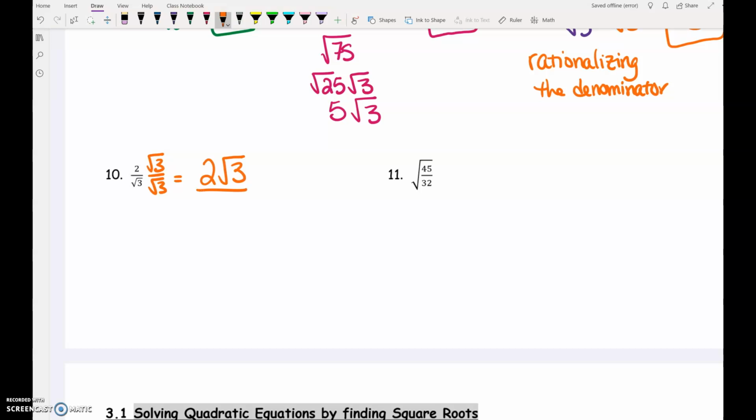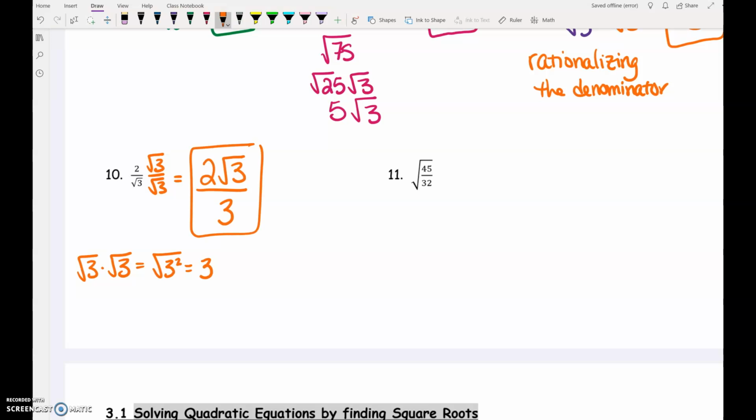On the bottom, the square root of 3 times the square root of 3 would be the square root of 9, which is 3. By multiplying a square root times itself, you're canceling out the square root and leaving yourself with just that number. Another way to think of that is the square root of 3 times the square root of 3 is the square root of 3 squared, and the square root and the square cancel each other out, leaving you with just the number.